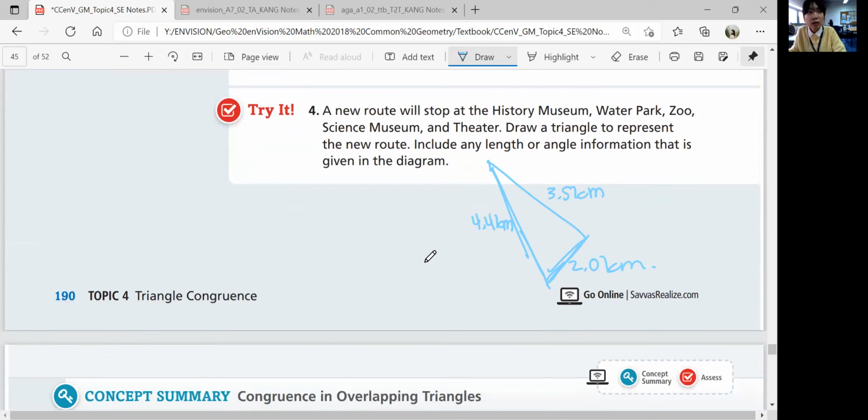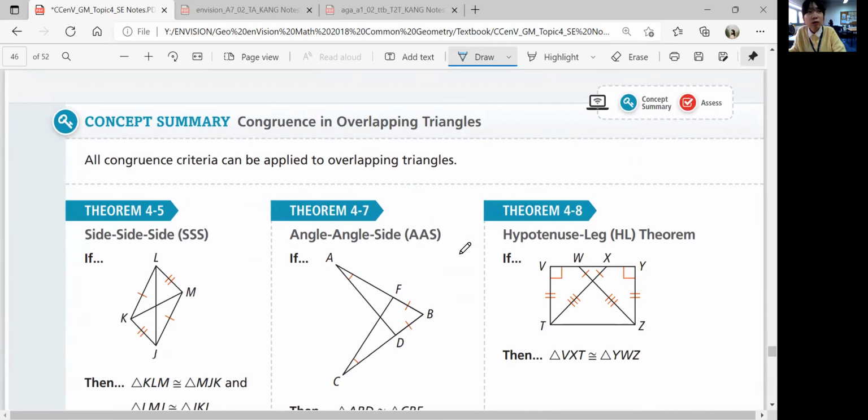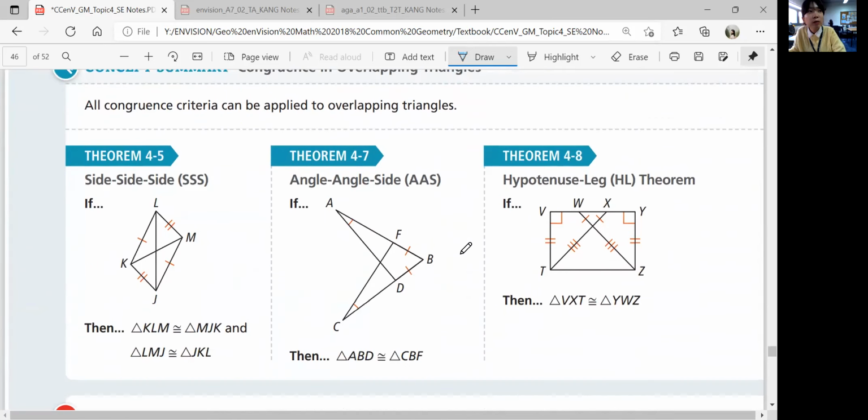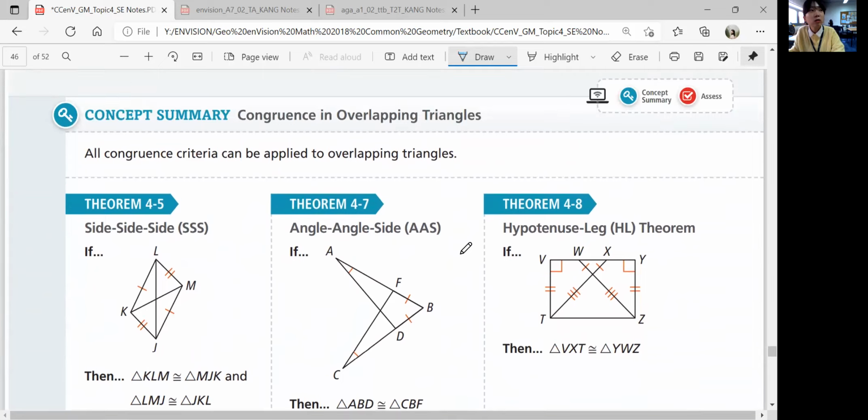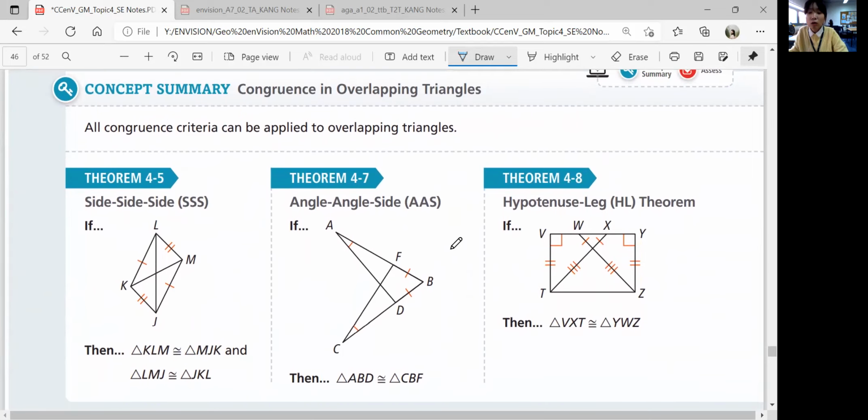So let's summarize our lesson. Congruence in overlapping triangles. Can all congruence criteria be applied to overlapping triangles? Okay, so if your triangles overlap, it doesn't mean they're a different figure, they're still triangles. And you can use side-side-side, side-angle-side, angle-side-angle, angle-angle-side, and the HL theorem to prove the triangles are congruent.